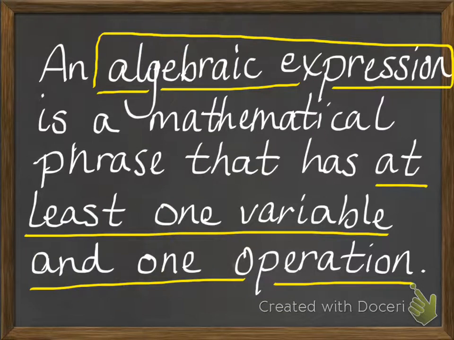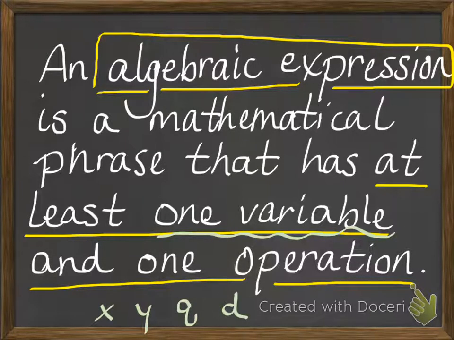Okay, so an algebraic expression is a mathematical phrase that has at least one variable and one operation. And remember, a variable just means a letter. So it might be X, it might be Y, it might be Q, it might be D. It could be any letter of the alphabet. And one operation means it has either adding, subtracting, multiplying, or dividing.